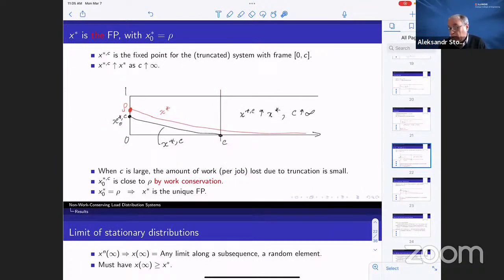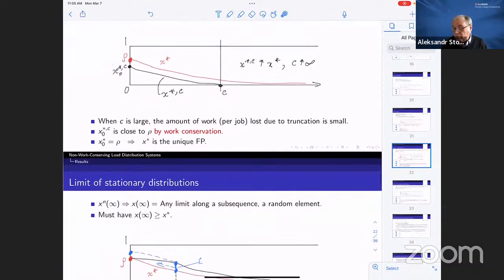So this is close to rho, and this level C can be chosen far enough so this is arbitrarily close to rho. And our system dominates the clipped system by monotonicity, so it has to be. Okay. So we essentially use work conservation to show that this fixed point will have load exactly rho.